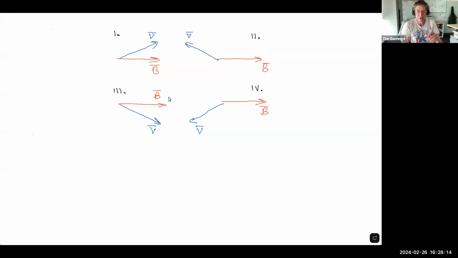So when we apply the right-hand rule, we start with the velocity vector. I'll use the palm of my hand as the direction of the velocity vector. We then curl our fingers towards the magnetic field direction. And then the thumb of my right hand would point in the direction of the magnetic force on a positively charged particle.